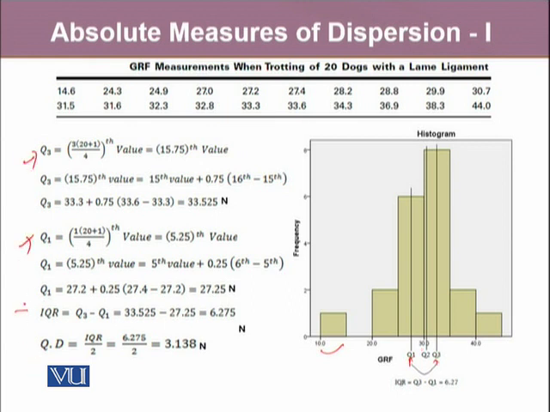Hence, using this method, the interquartile range turned out to be 6.275 newtons. And it can be represented on this histogram as 6.27, which contains almost the middle 50% of the data, and it excludes this 25% on the below side and this 25% on the upper side of our histogram.